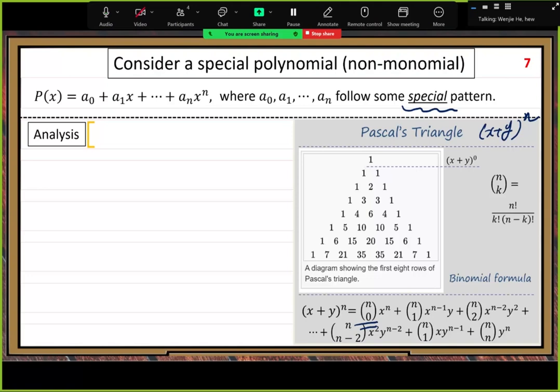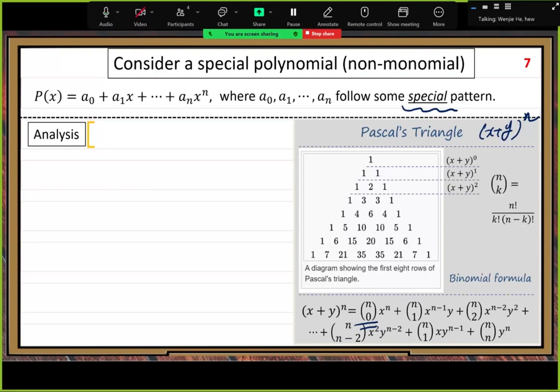So we put it at the top. Next level, 1 1 corresponds to the coefficients of x plus y to the first. Next level, x plus y squared, with coefficients 1 2 1.